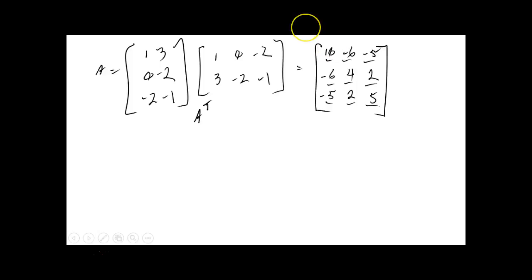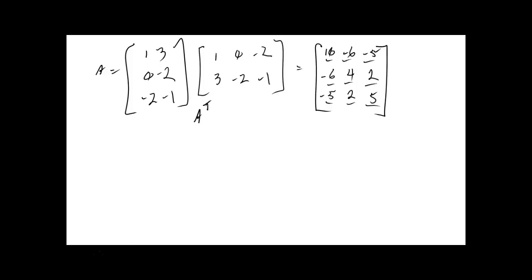Because if you transpose this, that row is that column, this column is that row, and this column is that row. So the transpose of that is itself. That's true about every symmetric matrix.